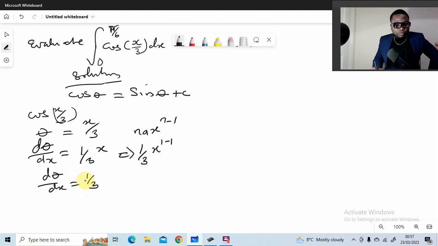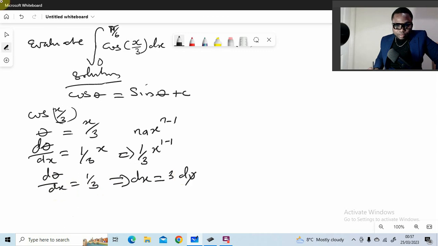So what I'm going to do here is to make dx the subject of the formula. If I cross multiply, I have dx times 1 is equal to 3 times d theta. That will give me 3 d theta. Okay, now I have 3 d theta. So I'm going to bring out the original expression.